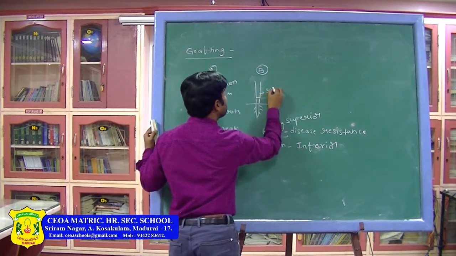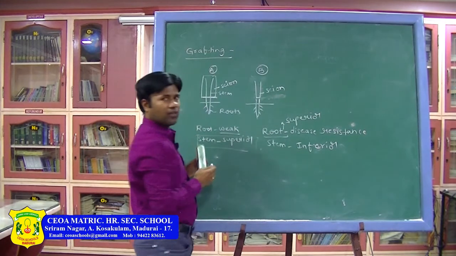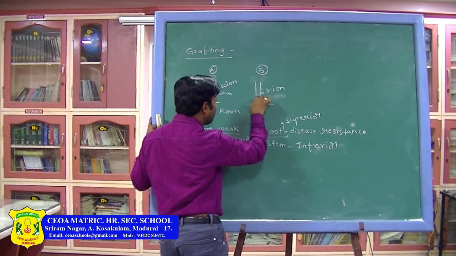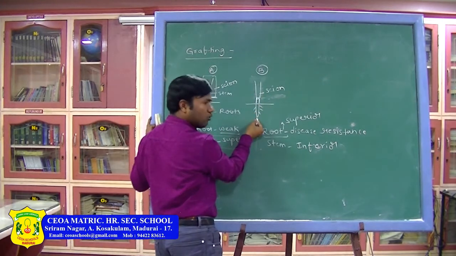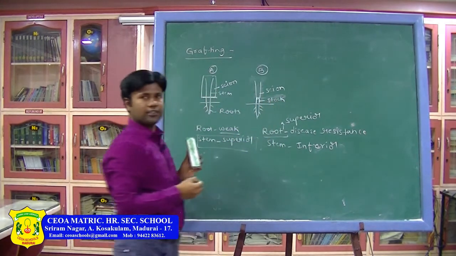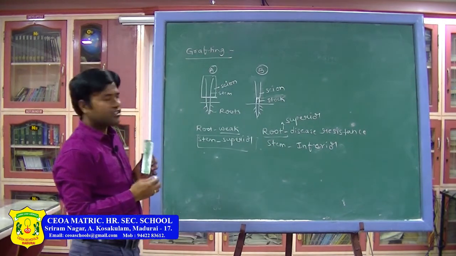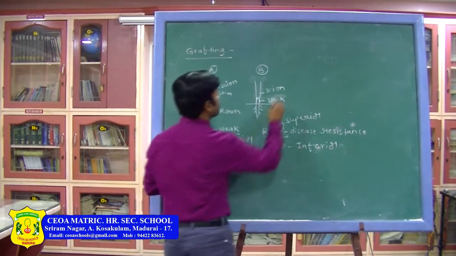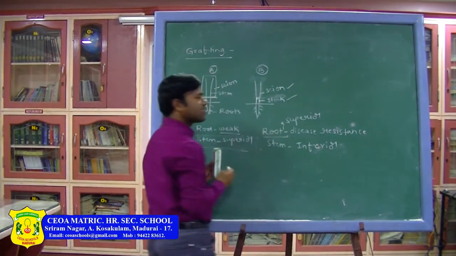This is the scion. But the part left over which is related to this root, that is the stalk. Here we have learned two terms: one is the scion, another one is the stalk.